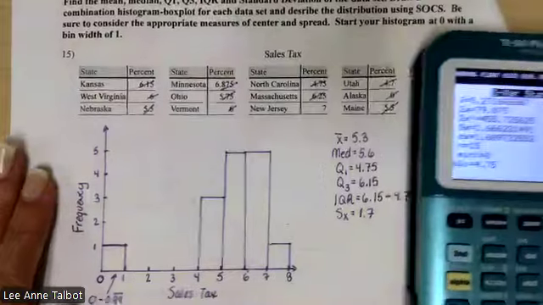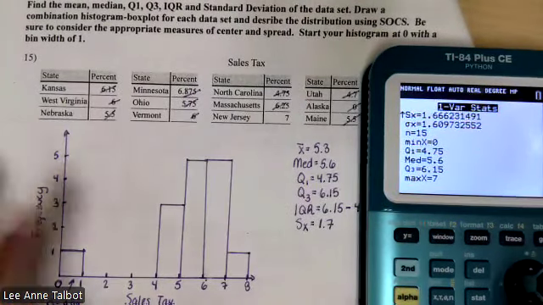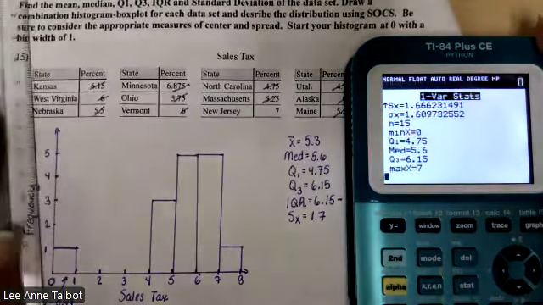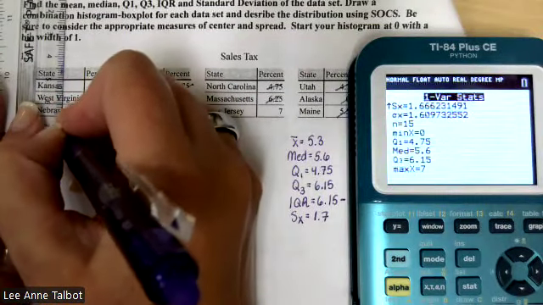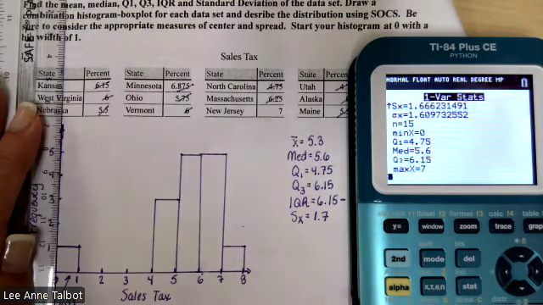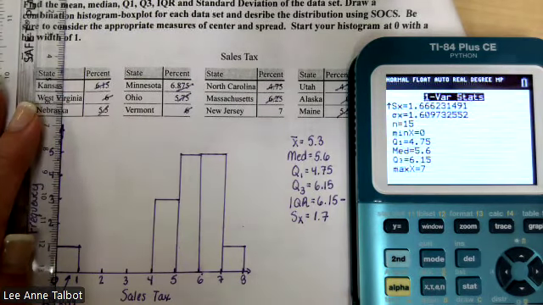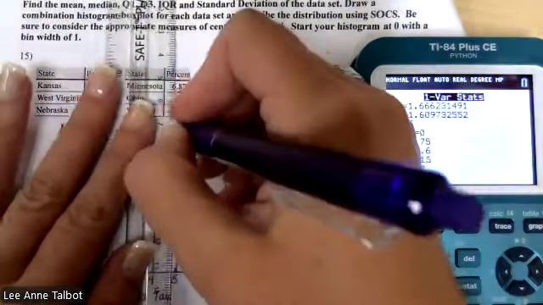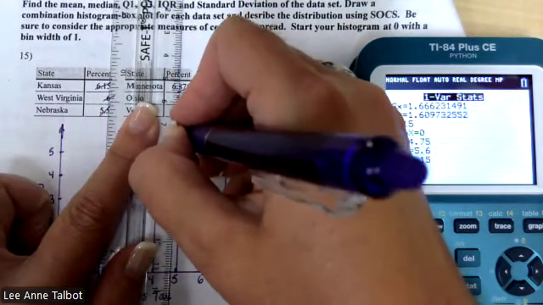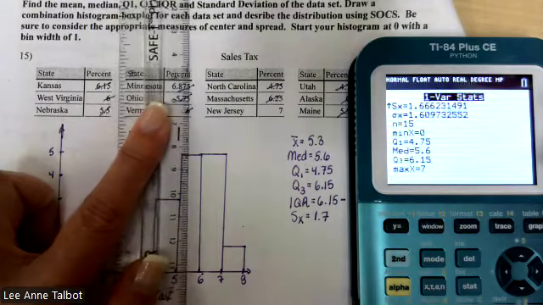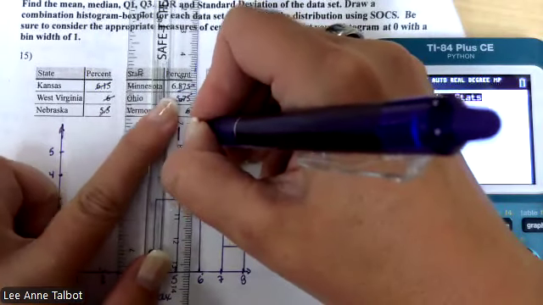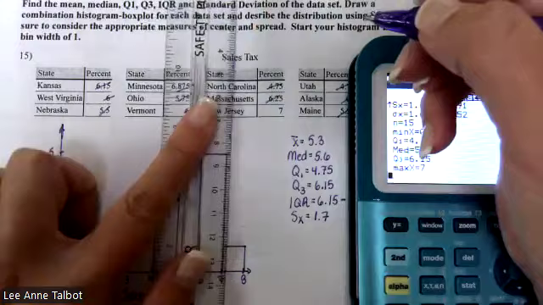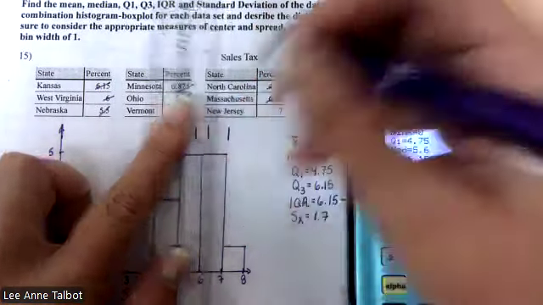Okay, but before I leave this, I'm going to scroll back down and make my box plot. So the bottom 5 numbers are where the lines go for my box plot. There's 0, 4.75, 5.6, 6.15, and 7.